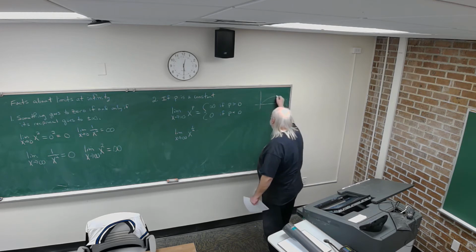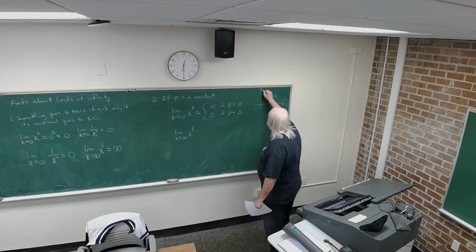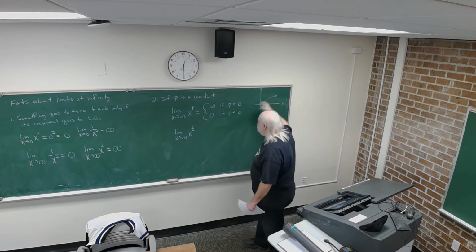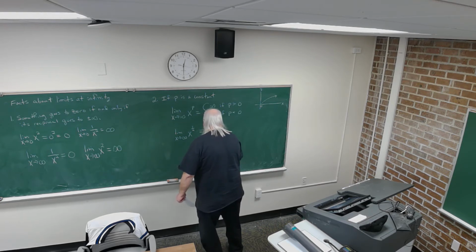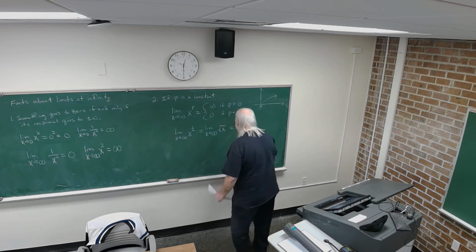This graph looks like this, right? X-axis, y-axis, origin. And so as x increases without bound, square root of x increases without bound. Okay.